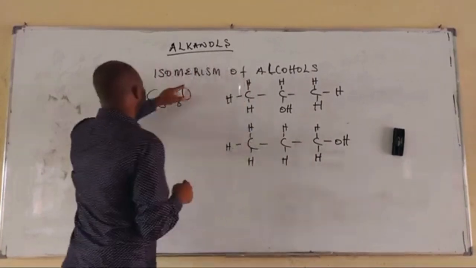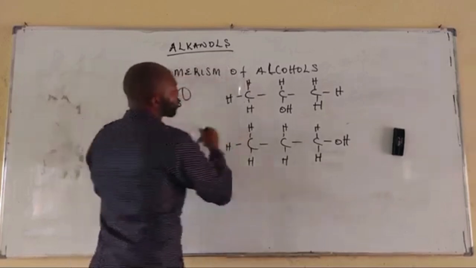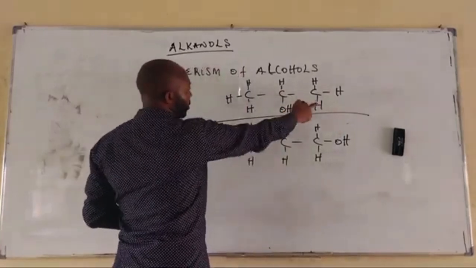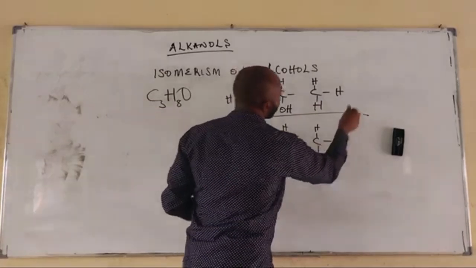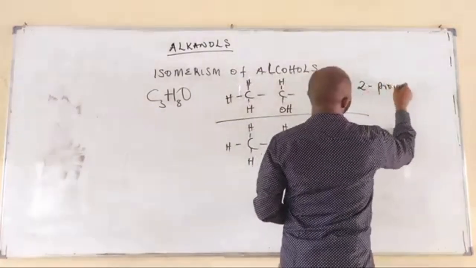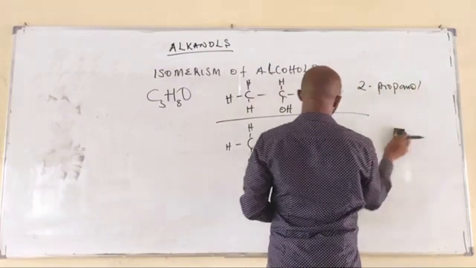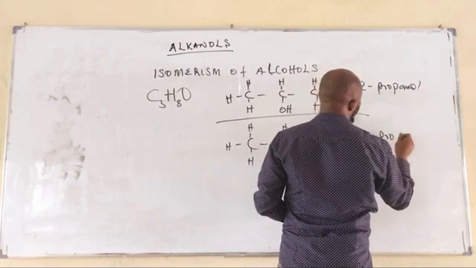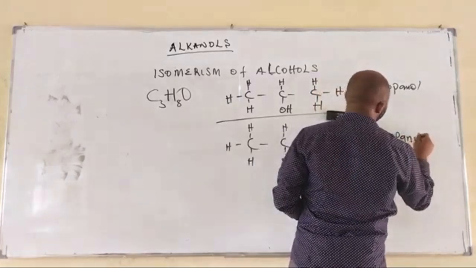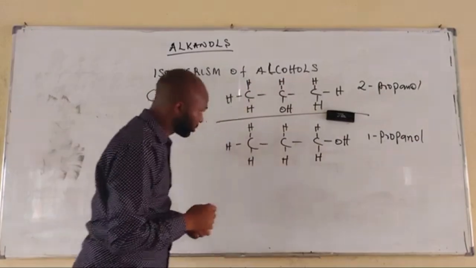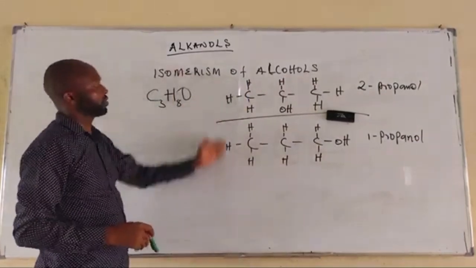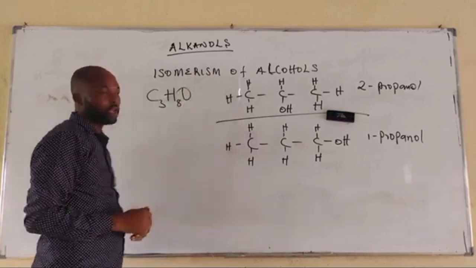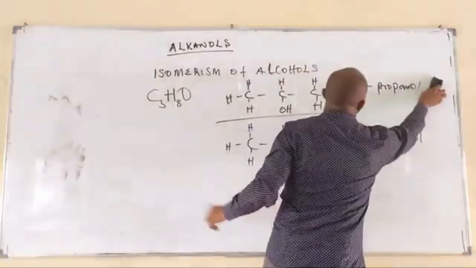So this one molecular formula gives two structural arrangements. This is 2-propanol, and this is 1-propanol. That is isomerism, where compounds have the same molecular formula but two different structures.